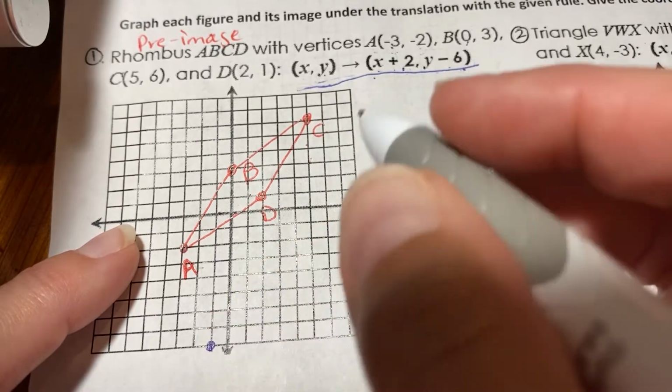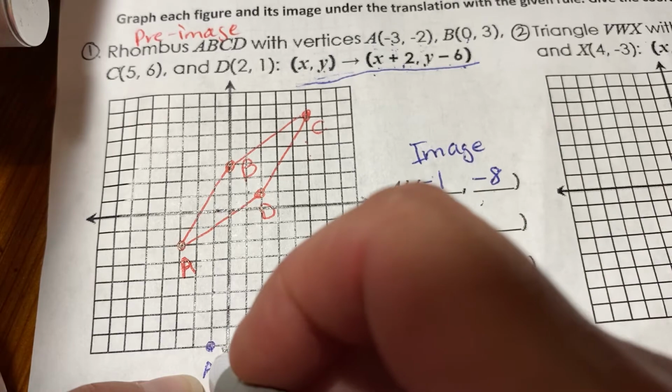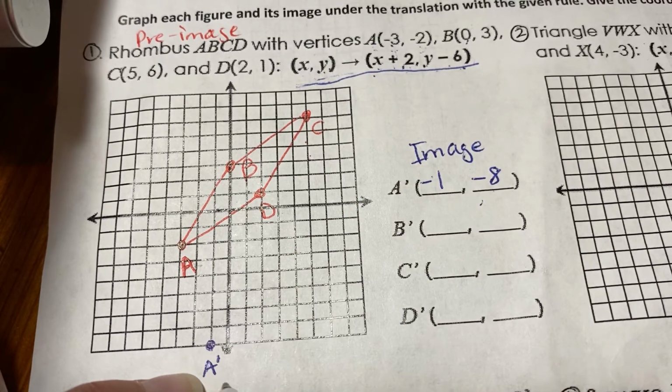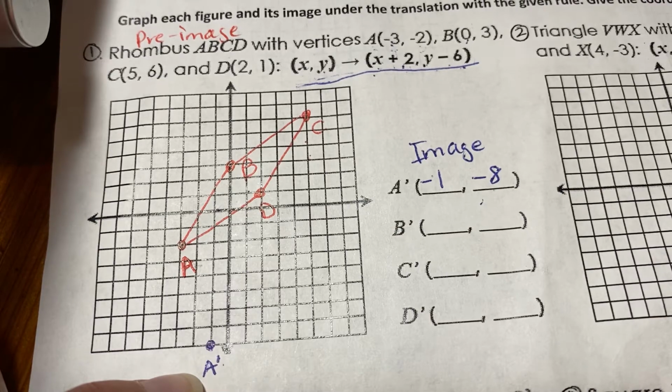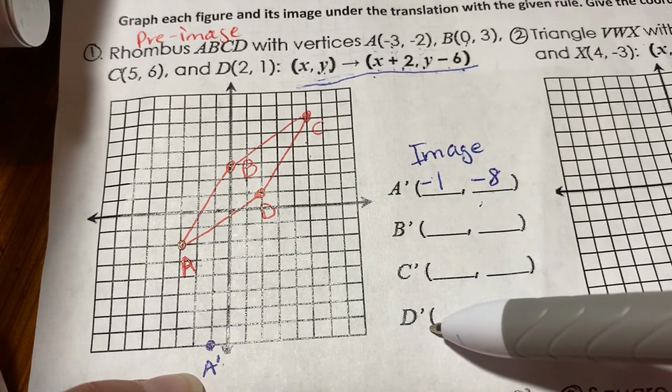All right, now this is going to be my image, and I indicate my image with this little mark that looks like an apostrophe, and that stands for A prime. You'll notice over here, all your new points have that apostrophe.